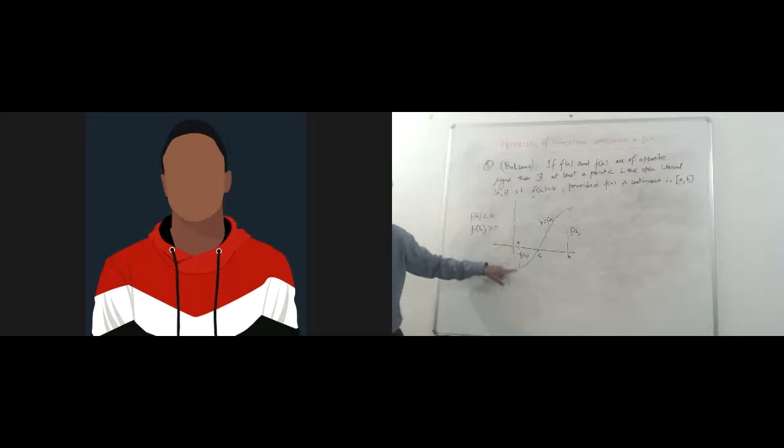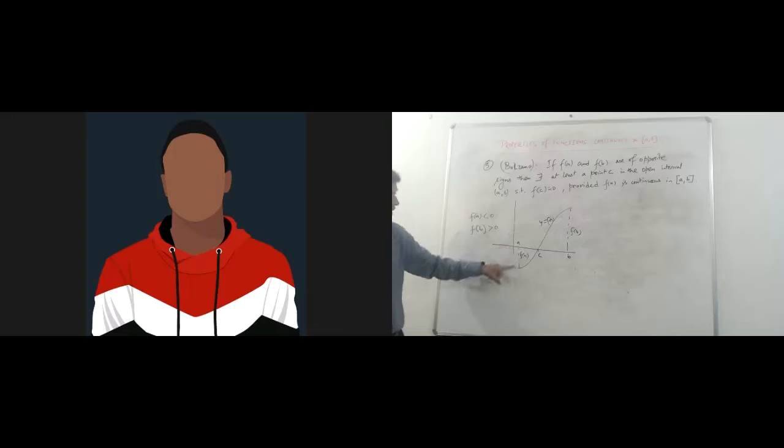This is point A, this is point B. This is the height at A, f(a), the functional value at A. This is the height at B, f(b). f(a) and f(b) are of opposite sign. You see, f(a) is negative, f(b) is positive. So there exists a point c in (a, b) such that f(c) equals 0.